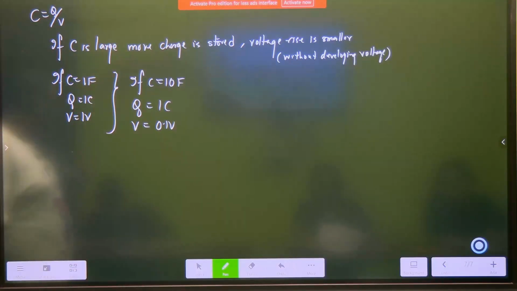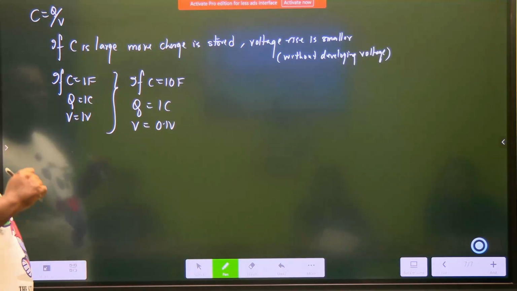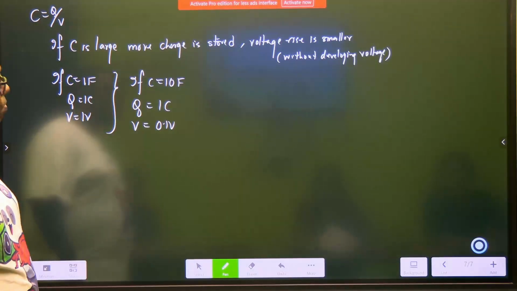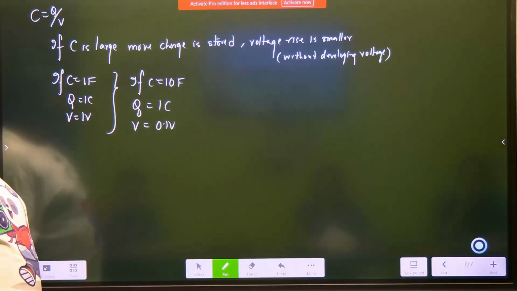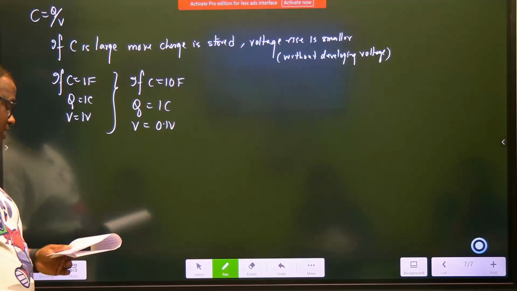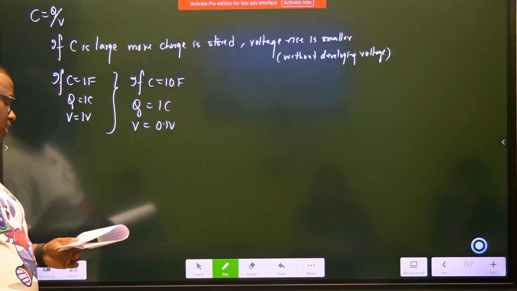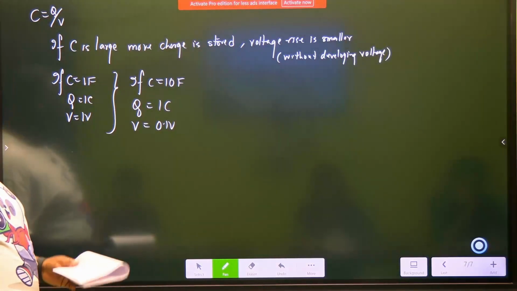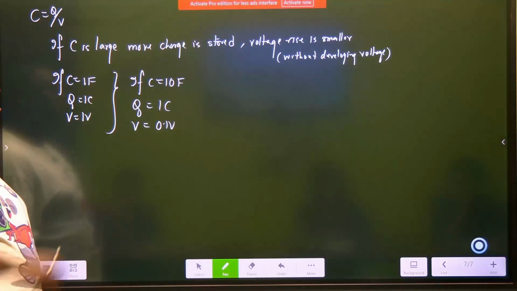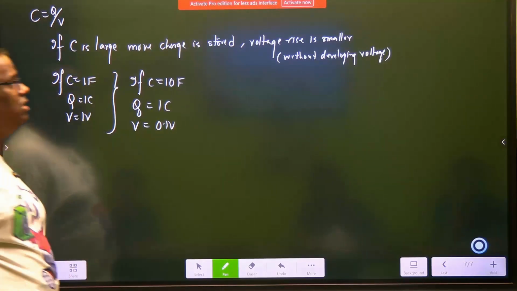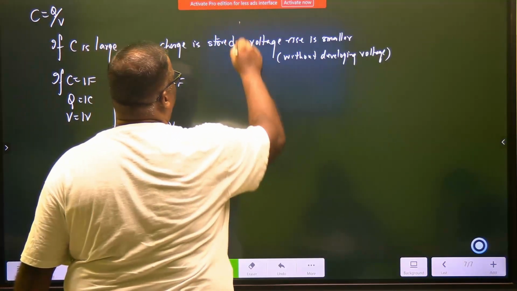Try to understand. If C is large, more charge is stored, voltage rise is smaller. In other words, if C is large, more charge can be stored, or for the same charge, the voltage rise is smaller.